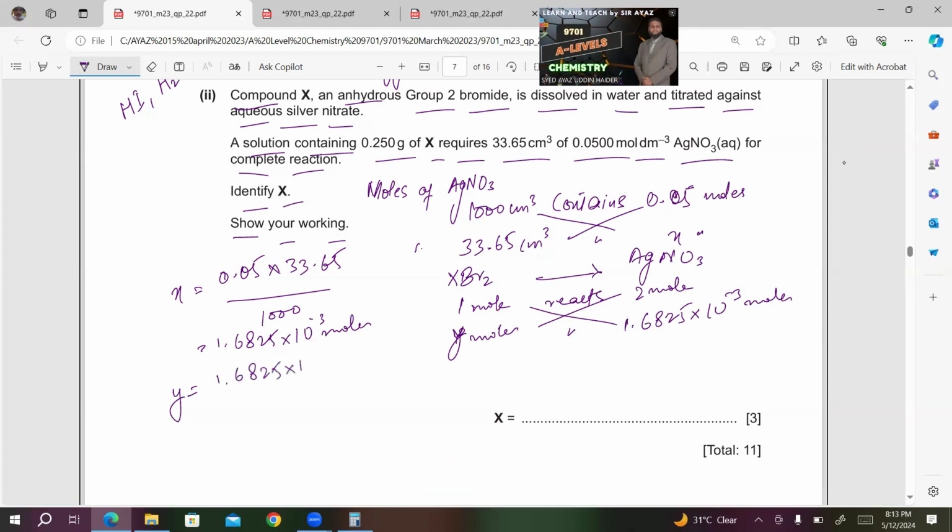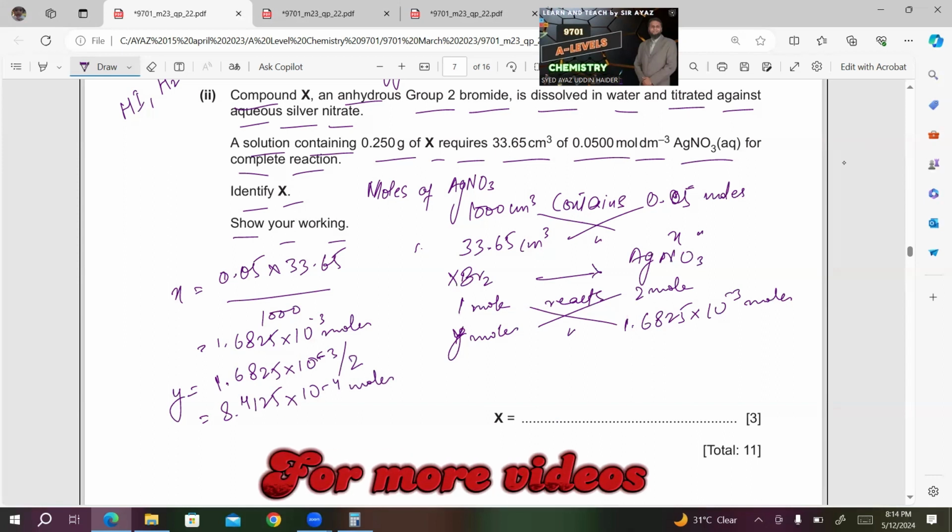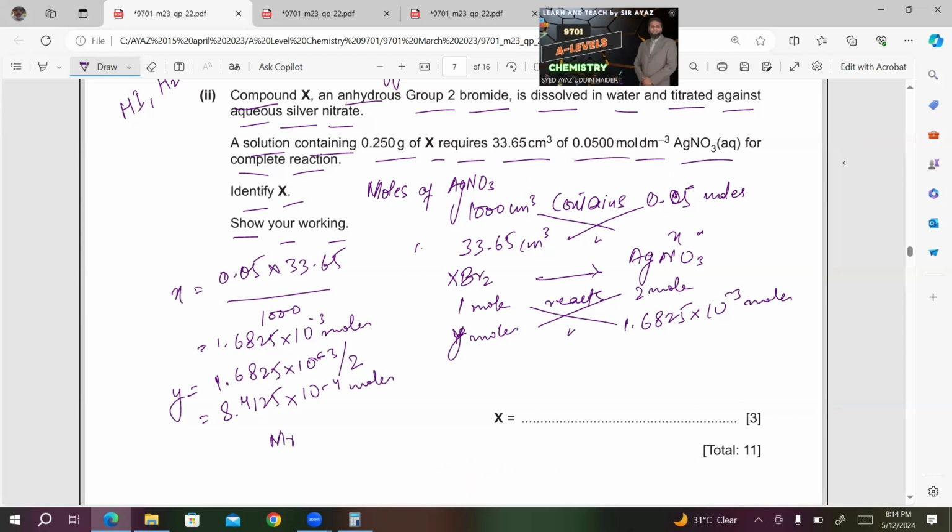1.6825 × 10^-3 divided by 2. So it must be 8.4125 × 10^-4 moles of Y. Now we know that Mr is equal to mass by moles.